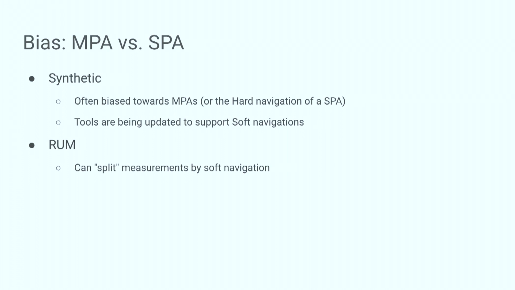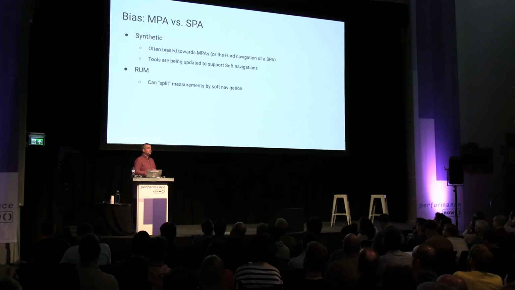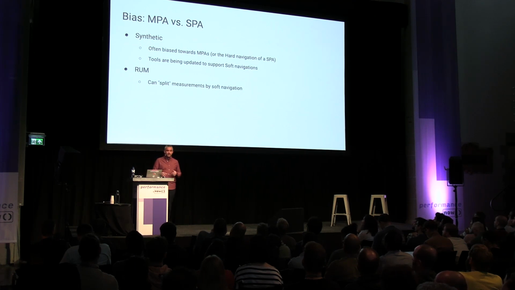Pages are built differently. Some pages are MPAs or multi-page apps, the old school way of building things. Other websites are built with SPAs. And as I was talking about before, it really depends on the measurement tool that you're using, whether it's synthetic or a different RUM library, whether or not the soft navigations that can happen within an SPA website are measured at all.